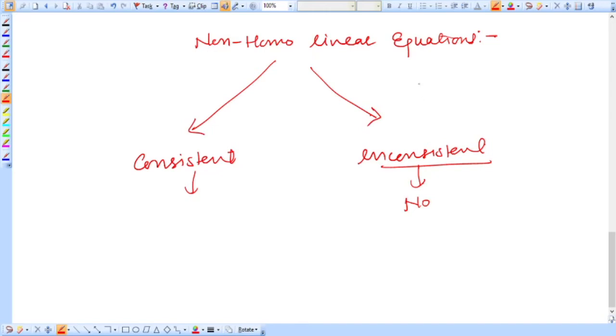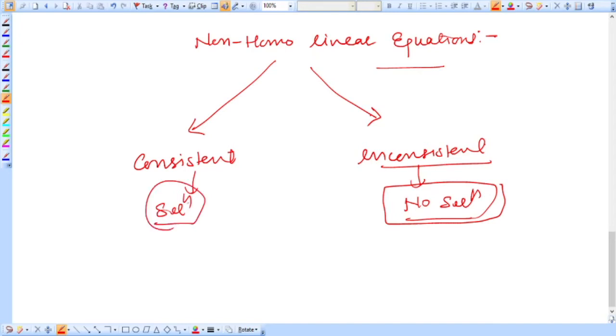If the system doesn't have any solution, no solution at all, then the equations are known as inconsistent. If there exists a solution, then the system is known as consistent.